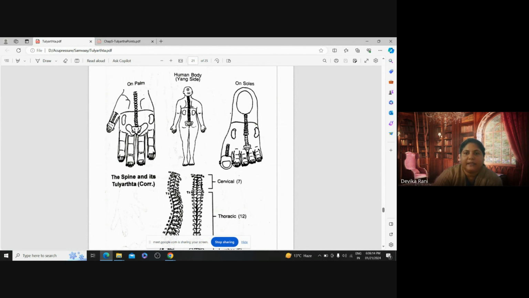Similarly, over here also you will have the kidneys on the back side. This is the yang side now of your leg, of your sole, the foot. So accordingly, you give the treatment.